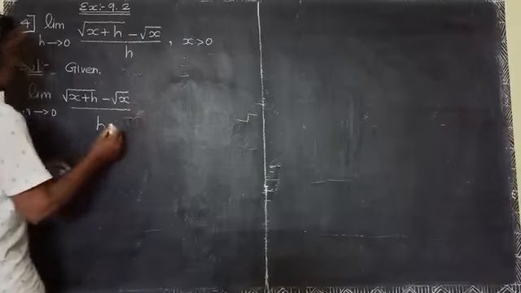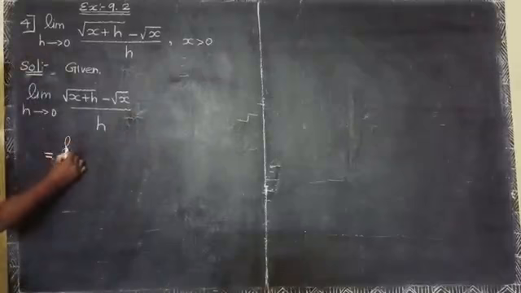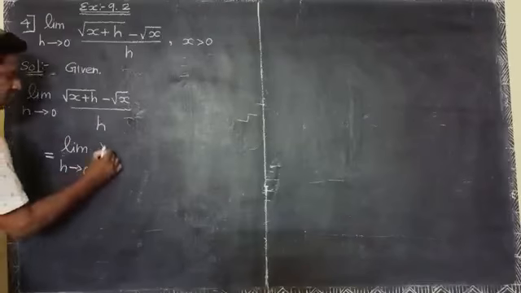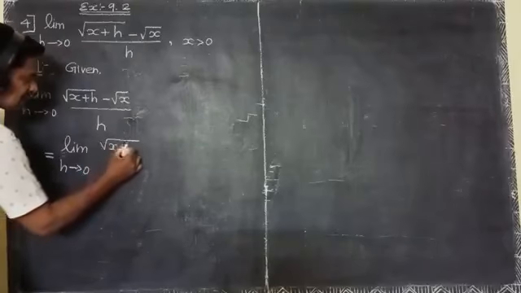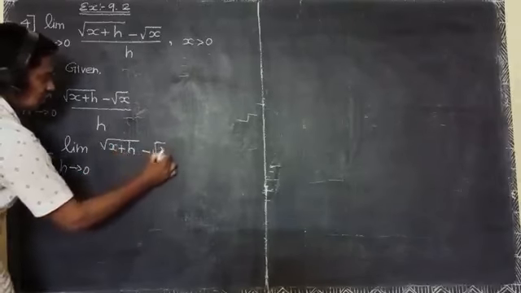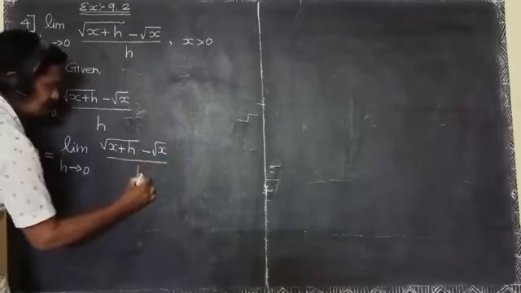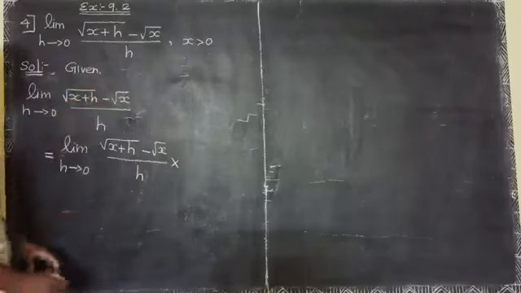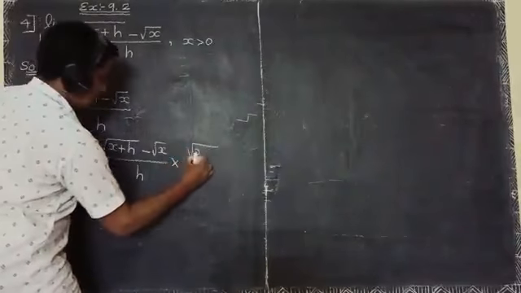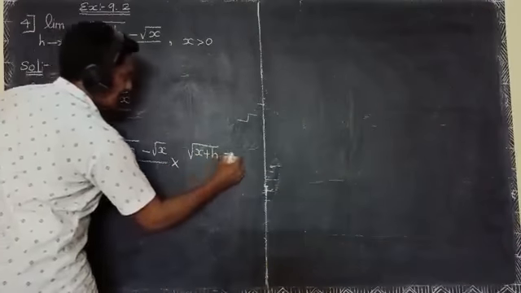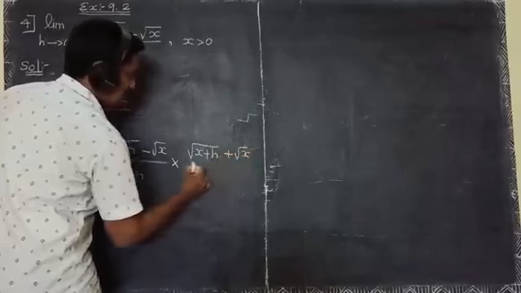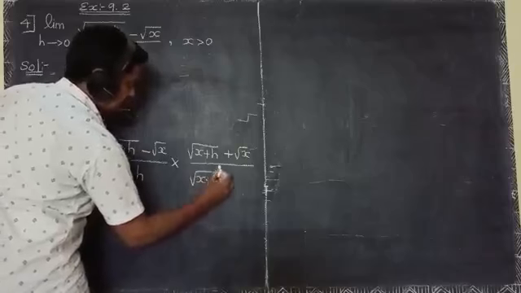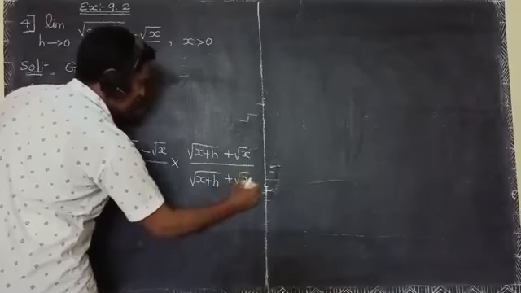Which is equal to limit h tends to 0, square root of x plus h minus square root of x divided by h, into the conjugate of the numerator, that is square root of x plus h plus square root of x, divided by square root of x plus h plus square root of x.